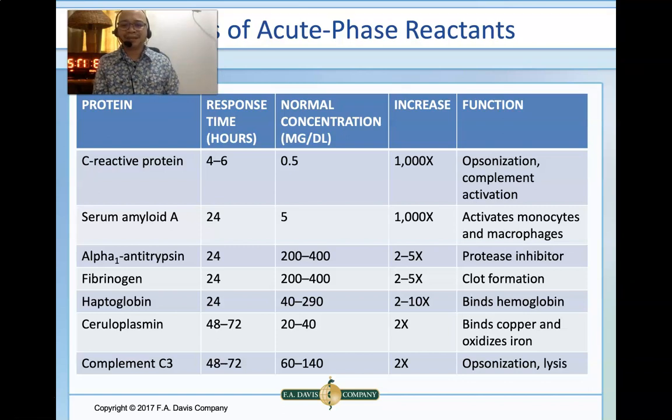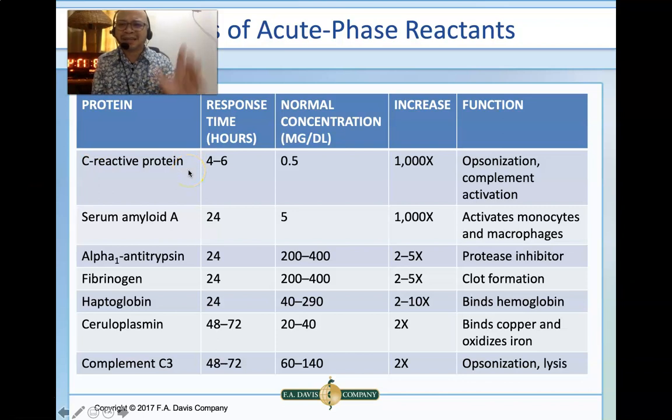Haptoglobin can bind with hemoglobin. Ceruloplasmin can bind with copper and oxidized iron, and a deficiency of ceruloplasmin may result in Wilson's disease. Complement C3 is important for opsonization and lysis. C3 is the most abundant complement component.